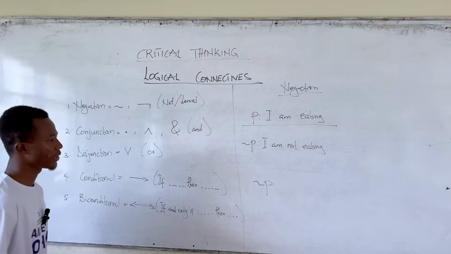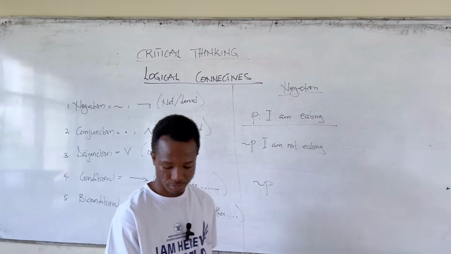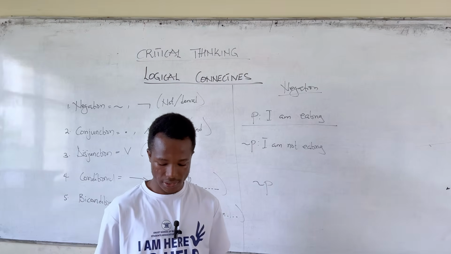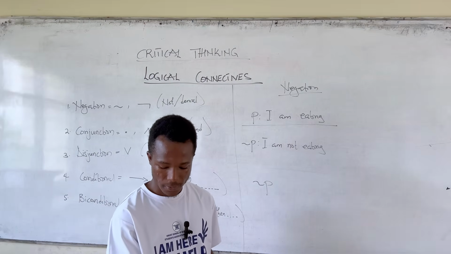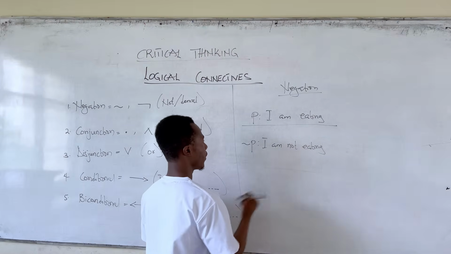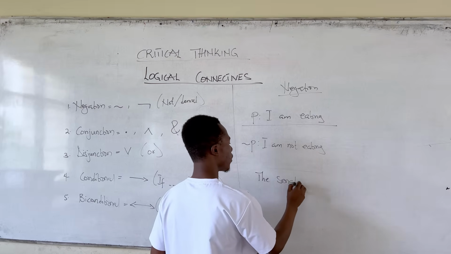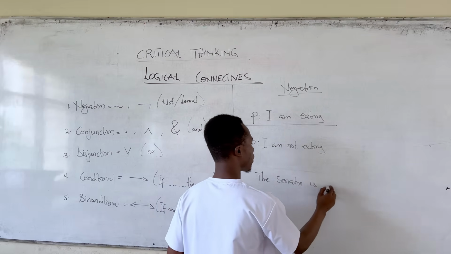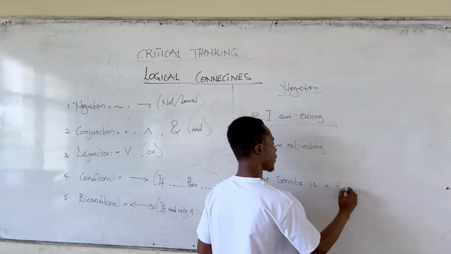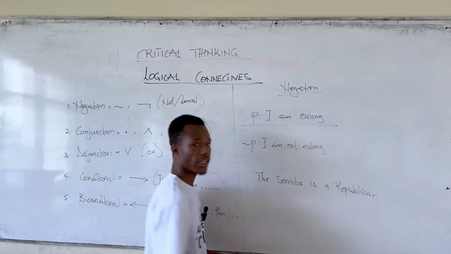So that is it. Then let's look at another example. It says the senator is what? A Republican. Is a Republican. So you see this sentence is also what?